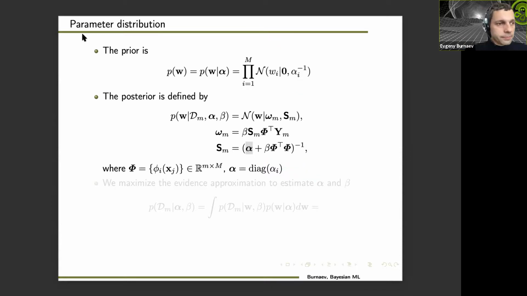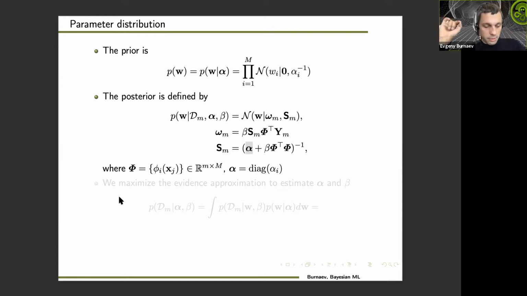Now let us consider how we can use so-called evidence functional to optimize over alpha and beta to tune these parameters and to sparsify the model.